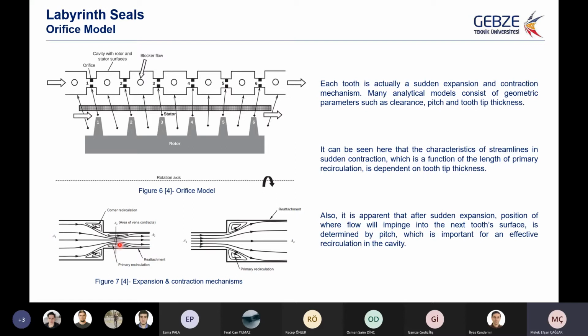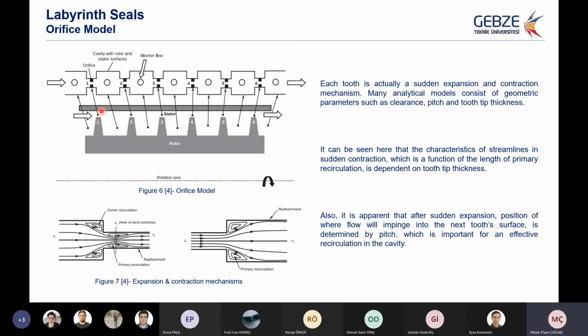If the recirculation zone is longer, then we will have a bigger effective area, which will increase the leakage.